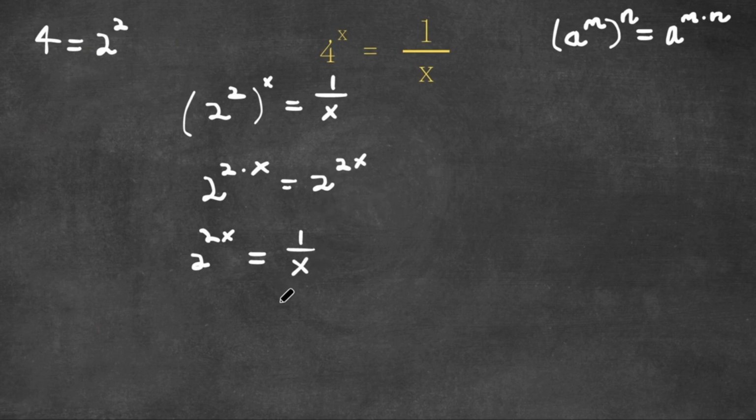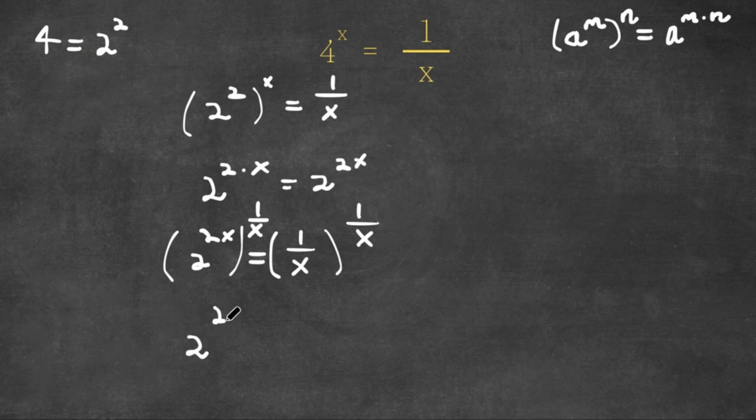Now what I'm going to do is I'm going to take the power of 1 over x on both sides. So we have 1 over x to the power of 1 over x is equal to 2 to the power of 2x to the power of 1 over x. And remember, if we have something in the form a to the power of m to the power of n, this is equal to a to the power of m times n, meaning 2 to the power of 2x to the power of 1 over x is going to equal 2 to the power of 2x times 1 over x.